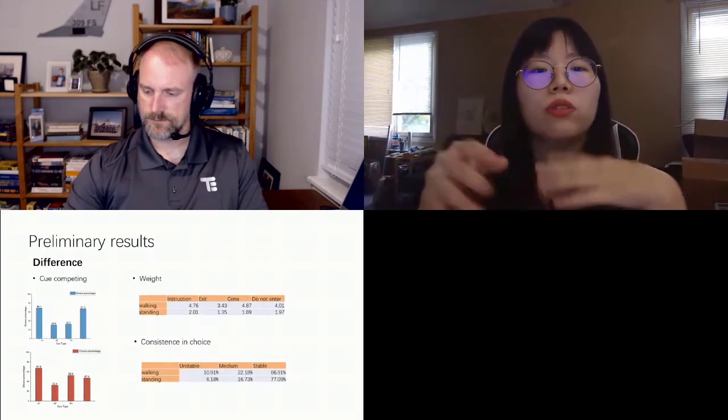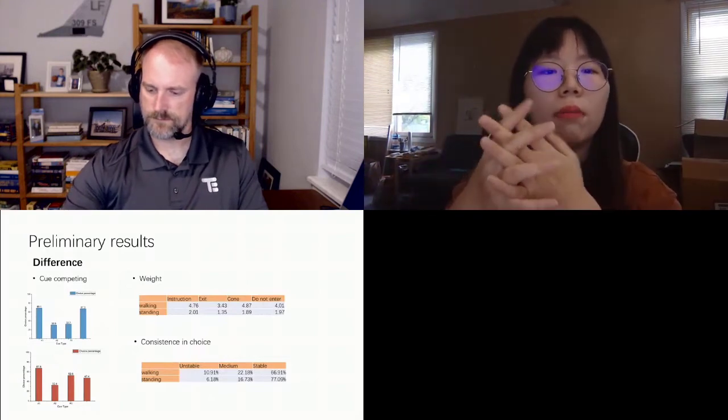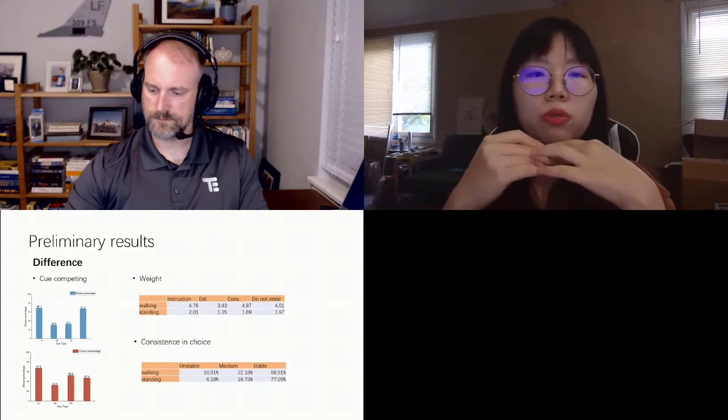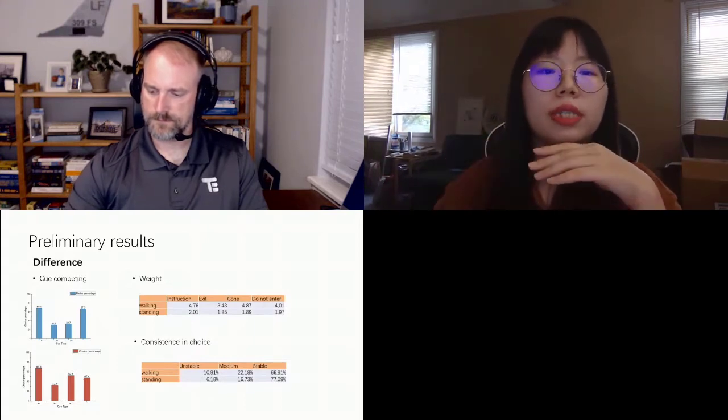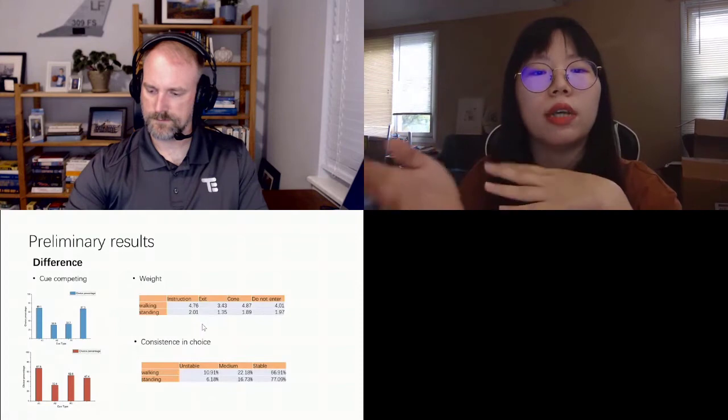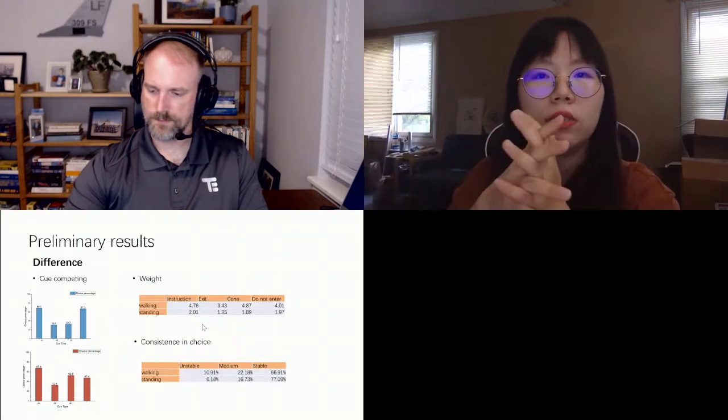And also, I tried to do some calculation of the weights of the 4 pieces of information in their choices, and we could see that their weights are different. And also, I have done some analysis of the consistency in choices.